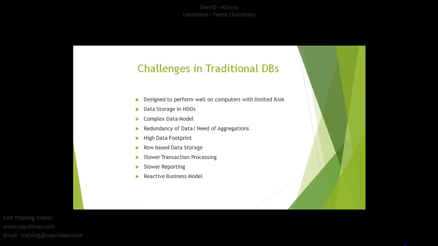So as you know, these traditional databases were designed to perform well on computers with limited RAM. Because when these databases were developed somewhere around 22, 25, 30 years back, at that time RAM was not available as it is now. So the availability of RAM was a major challenge during those days.